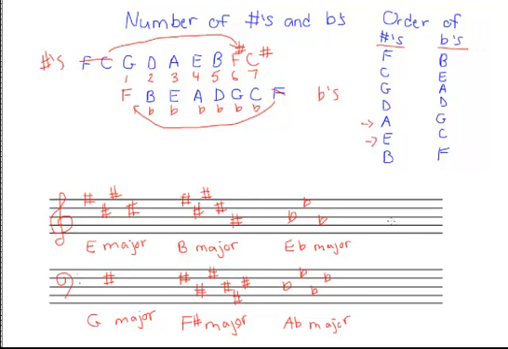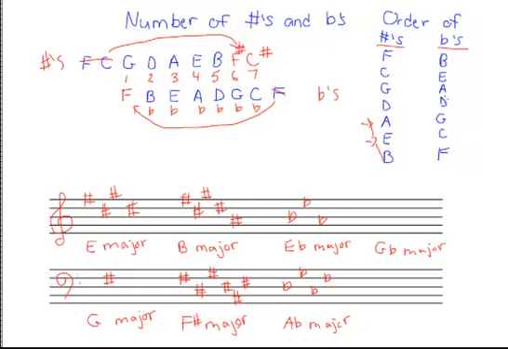Now let's take a quick peek if we had to write a key signature. Let's say I gave you G flat major. We look at our flats here, 1, 2, 3, 4, 5, 6. G flat major has 6. What 6 flats does it have? Well, it has the first 6 in our original order of flats.